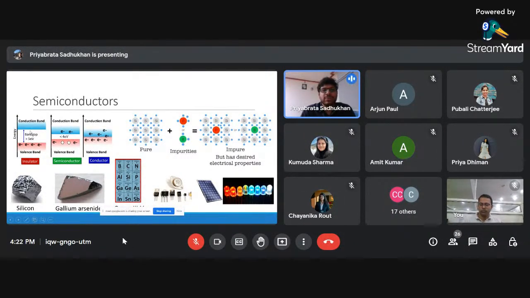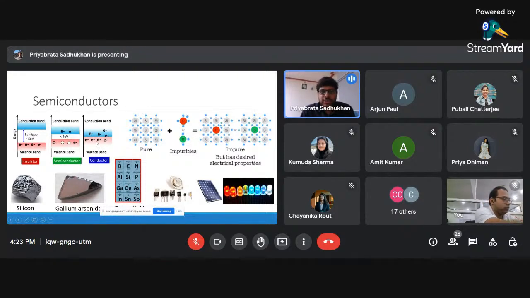Because of this high band gap, the electrons in the valence band cannot move to the conduction band, and until they move to the conduction band, they cannot carry charges. You know that electrons are the primary carrier of charges in some materials. That's why insulators do not conduct charge.